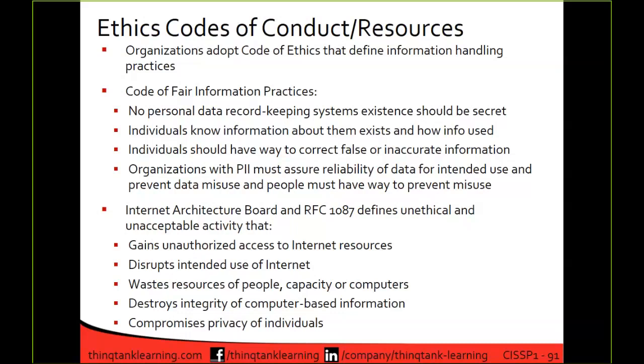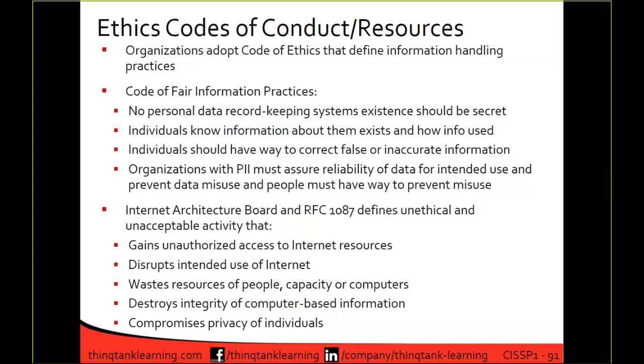The Internet Architecture Board wrote a request for comment, RFC 1087, that defines unethical and unacceptable activities. There's a lot more to that RFC than this, but I just pulled out this piece because I thought it was relevant to this particular slide. Anybody that gains unauthorized access to Internet resources is considered unethical. Anything that disrupts the intended use of the Internet, and no, it's not just for porn, right?